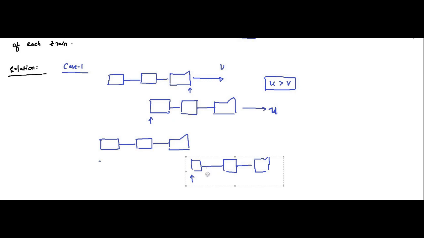So the total distance that this train has covered is twice the length of itself, because both of them are of equal lengths, 100 meters and 100 meters.